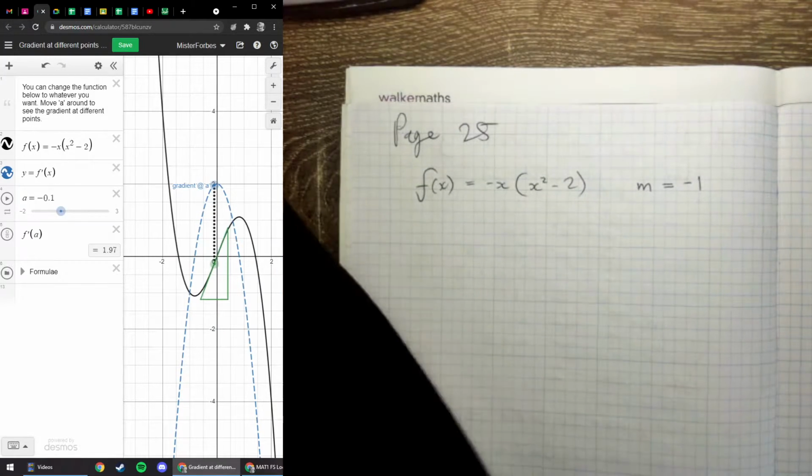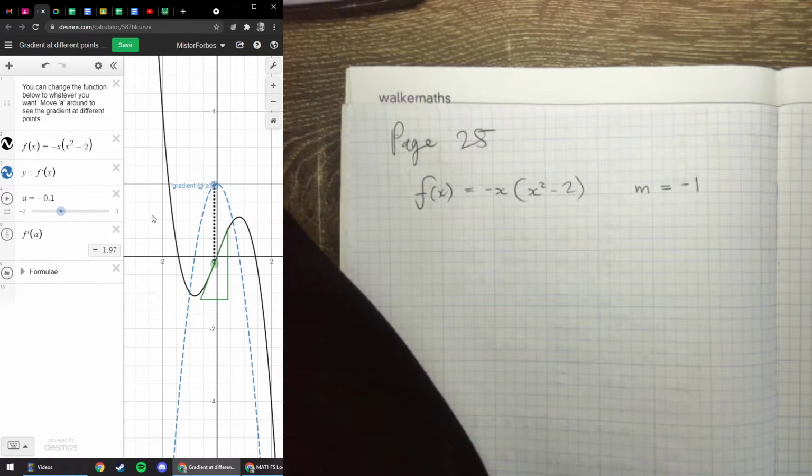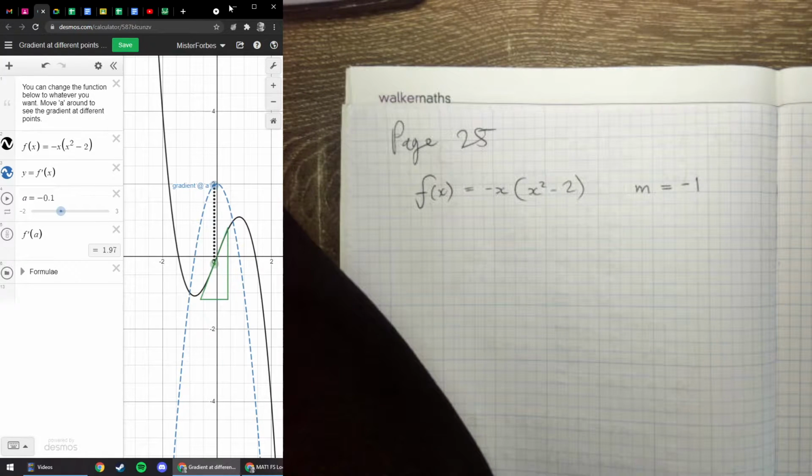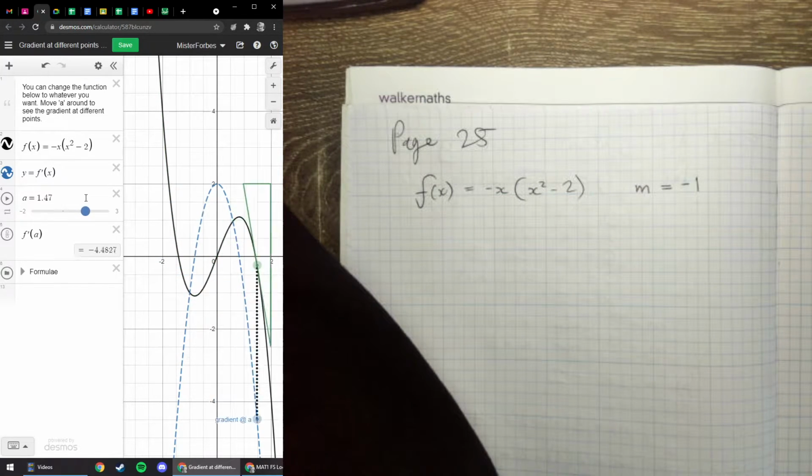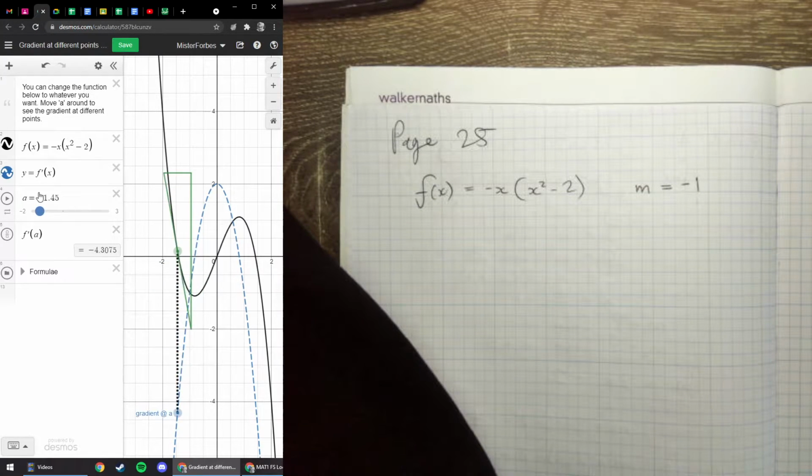Pretty much, if we were having a look at this on here, let's move this around. At what point on this curve will the gradient be negative 1? A gradient of negative 1 is going to be going downward, so I'll be somewhere around about here.